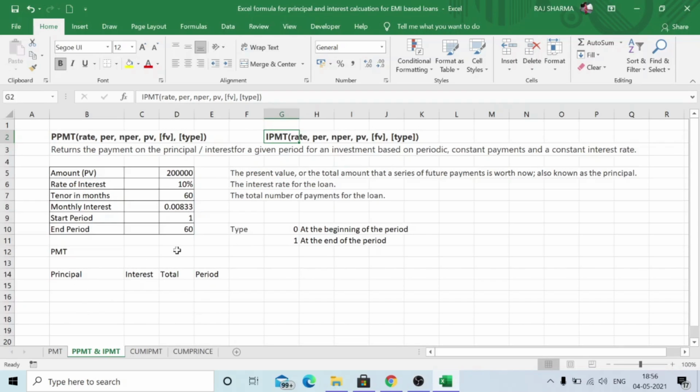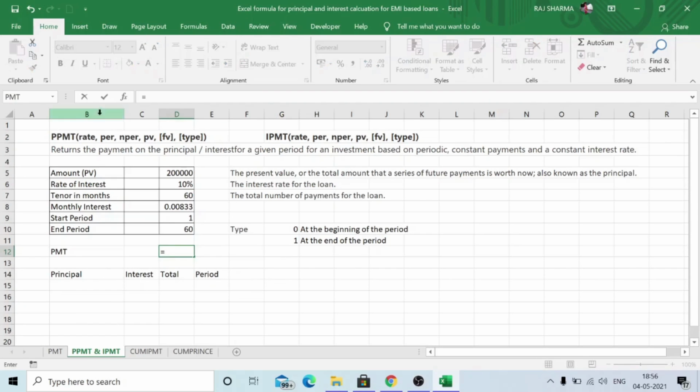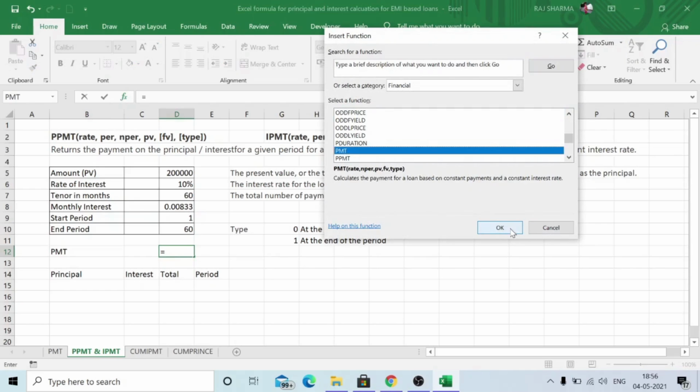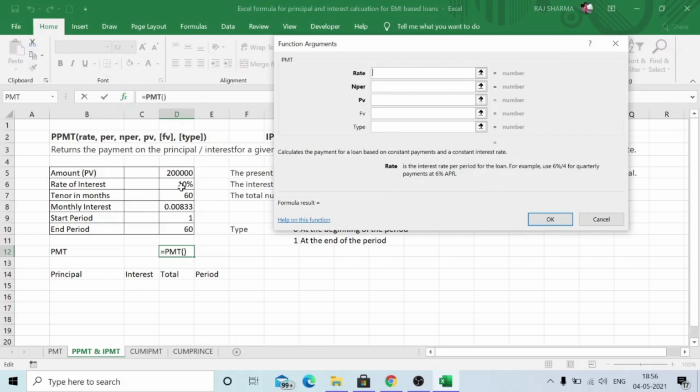So let us first work out the equated monthly installment, and then from there we will carry forward for the principal and interest bifurcation. So go to the insert function tab, choose the PMT, put the rate, and divide the rate by 12 because it is a monthly repayment.